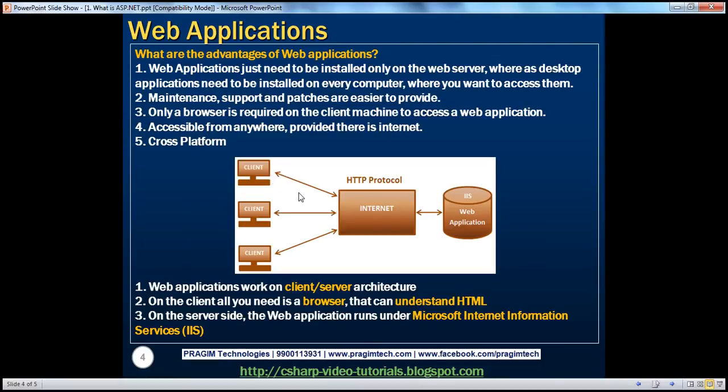So basically, web applications use a client server architecture. On the client, all you need is a browser. On the server, you install the web application. Web applications are hosted using IIS.